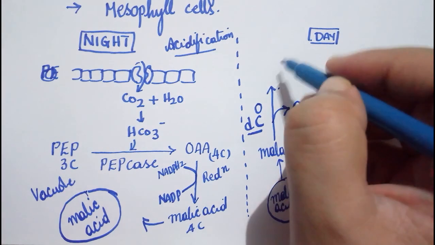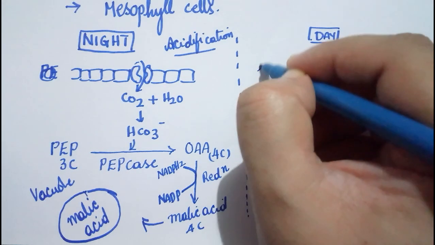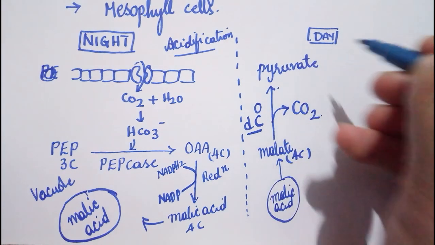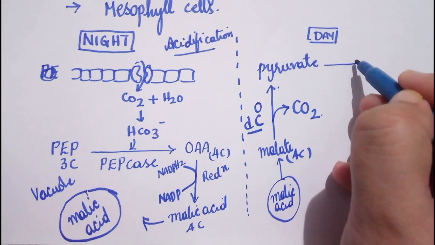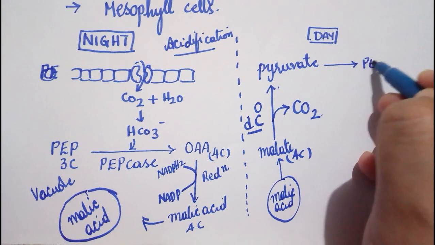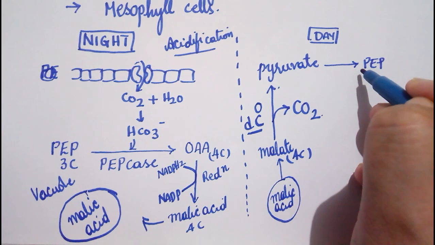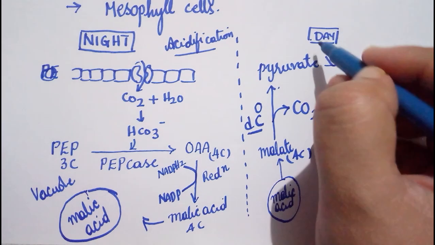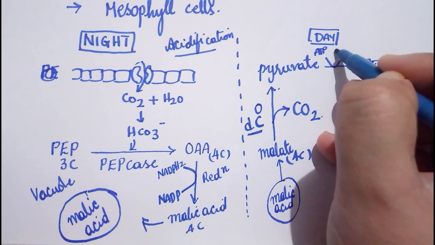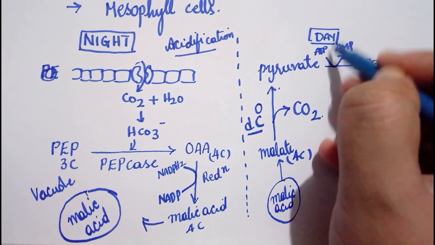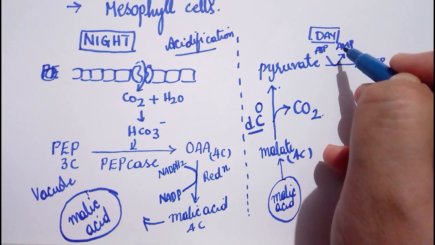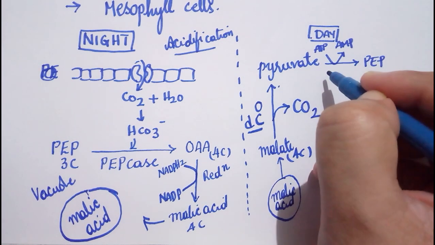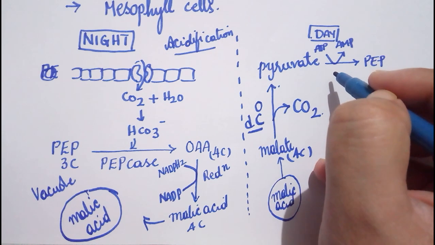Now once carbon dioxide is released, this 4-carbon compound gets converted into a 3-carbon compound which is called pyruvate. Now this pyruvate gets converted into phosphoenol pyruvate by using ATP, which is energy equivalent to 2 ATP molecules, and in the presence of the enzyme phosphoenol pyruvate dikinase.